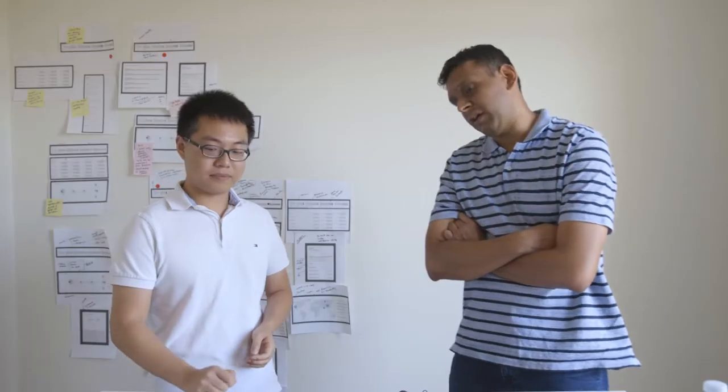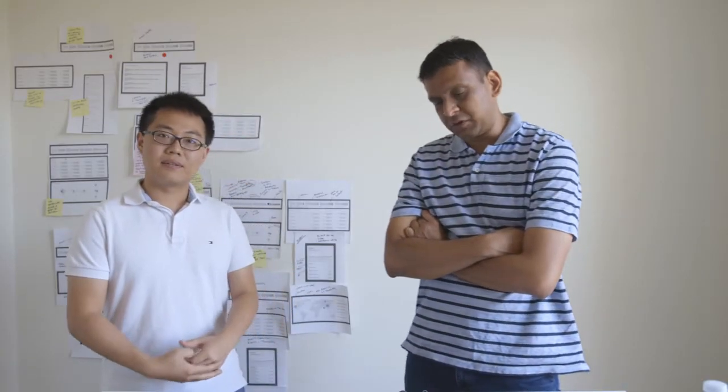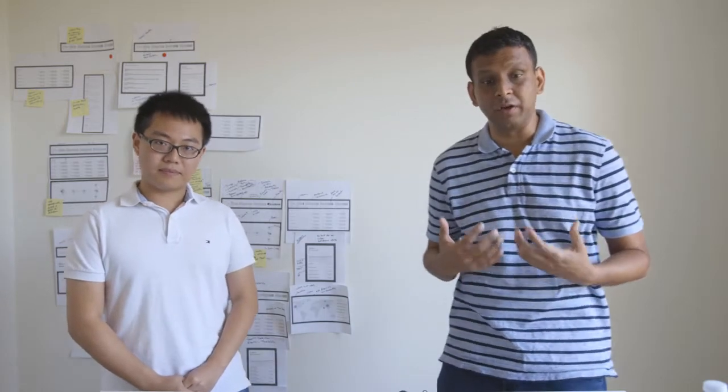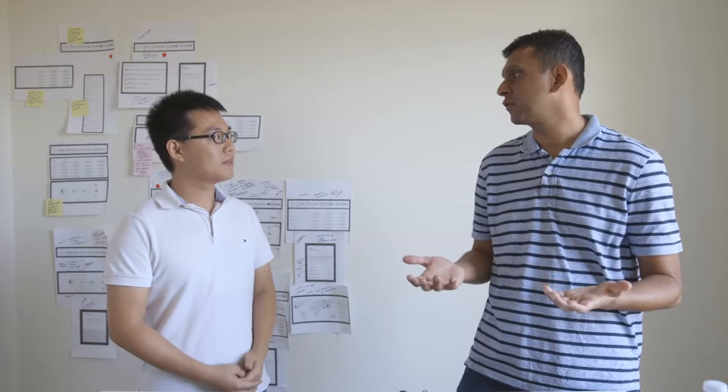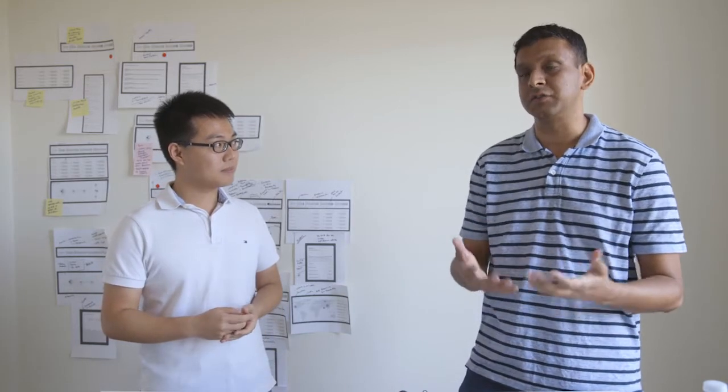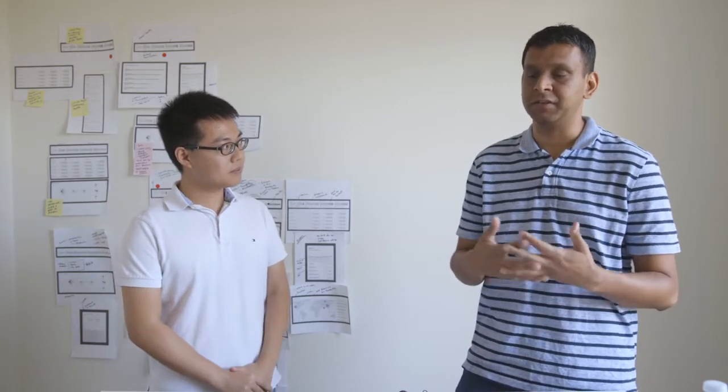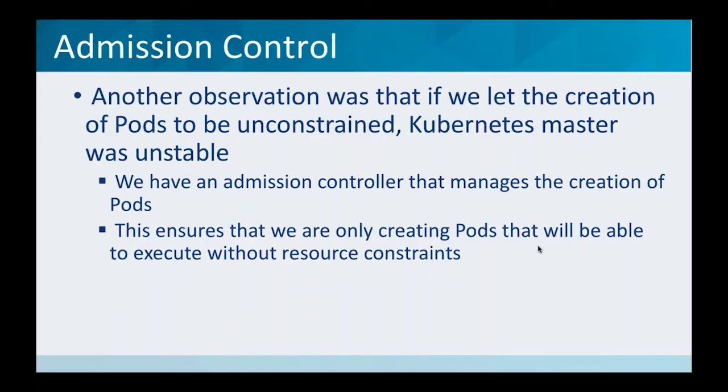All right, so another thing that we did was we took another hard look at how we are using the Kubernetes cluster, and like I said, Applatix is an application that runs on Kubernetes. Right? So we are ourselves using aspects of Kubernetes such as the API server. One of the things that we noticed was that if pods are created and they are lying around without getting scheduled, then we see more problems on the master.